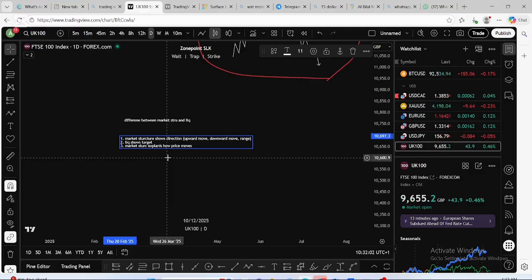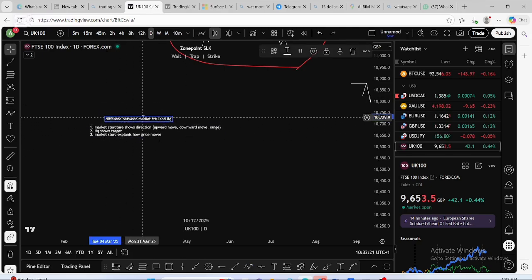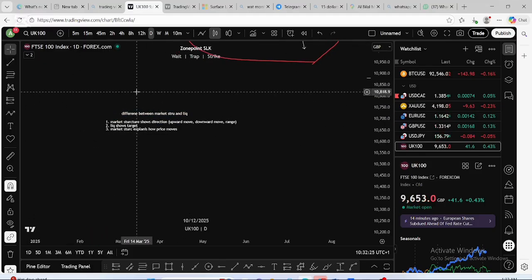Market structure explains how price moves, and when you get to the advanced market structure, you will understand it. All this difference between market structure and liquidity, we see all of them when we get to advanced market structure.